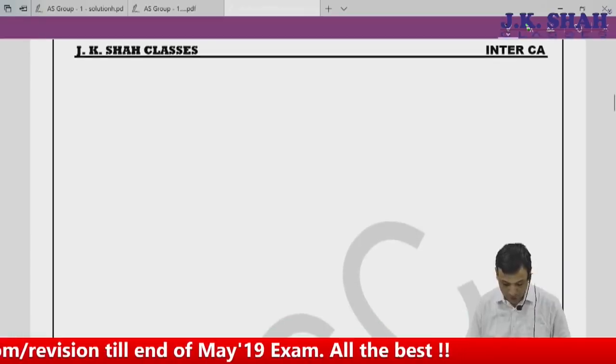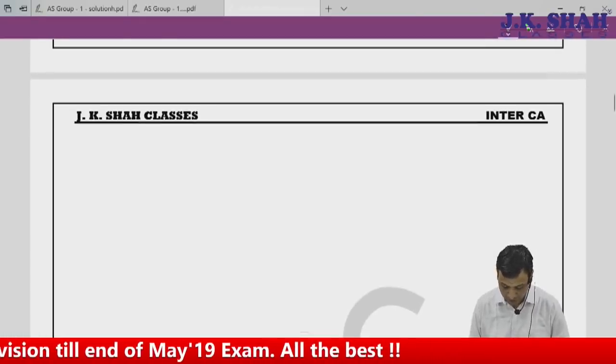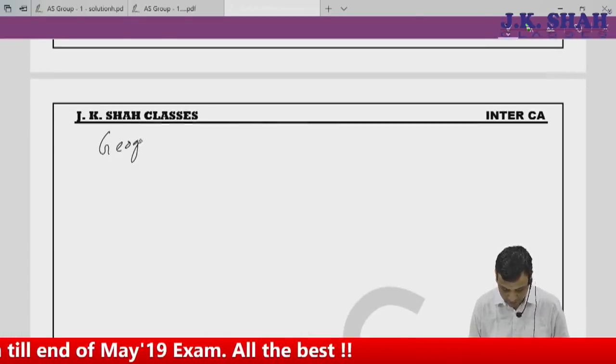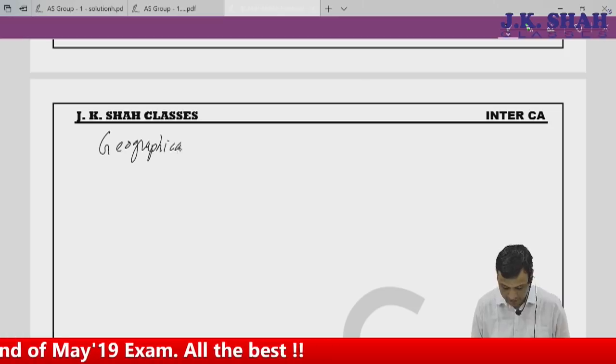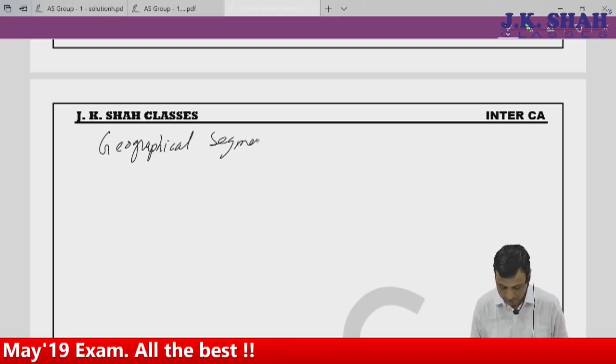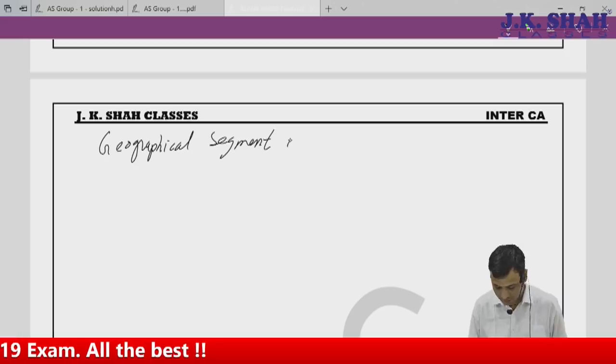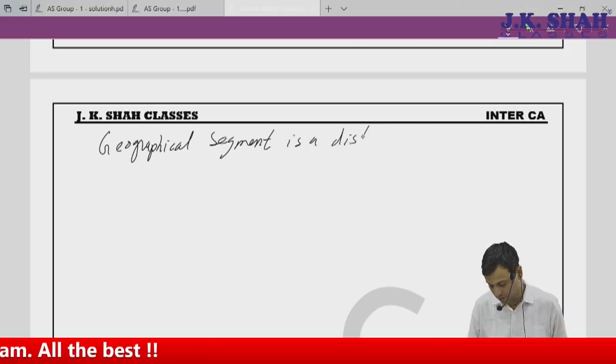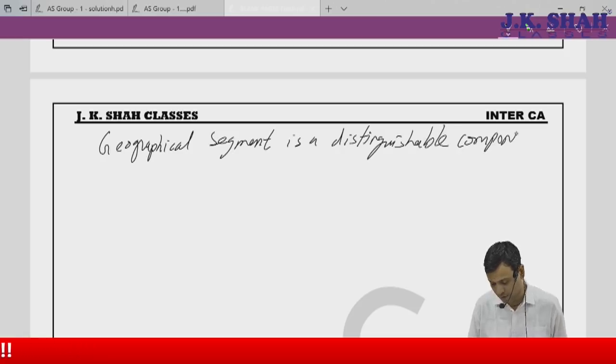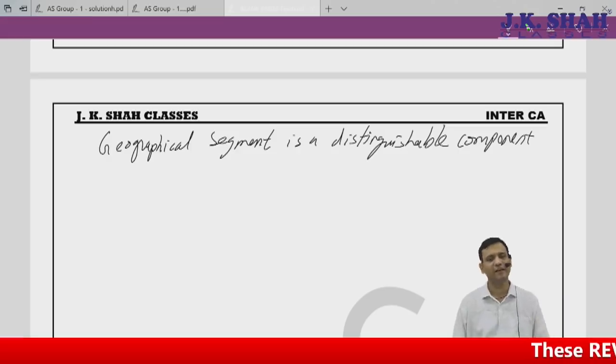Now coming on to geographical segment. What do you mean by geographical segment? A geographical segment is a distinguishable component. Not necessarily a branch or subsidiary or something like that. It's a component.